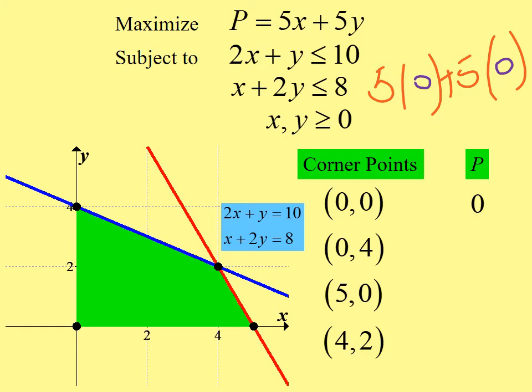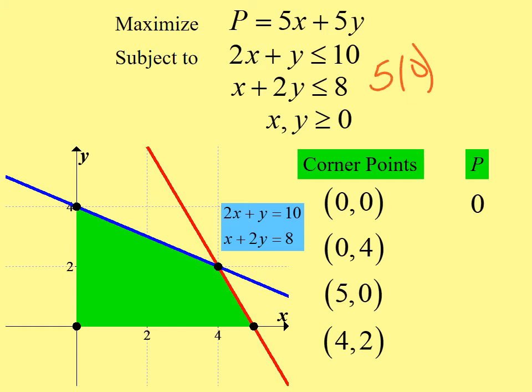Okay, 0, 4 means we want to plug a 4 for y and a 0 for x. So it'd be 5 times 0 plus 5 times 4. That would be 0 plus 20, or just 20.